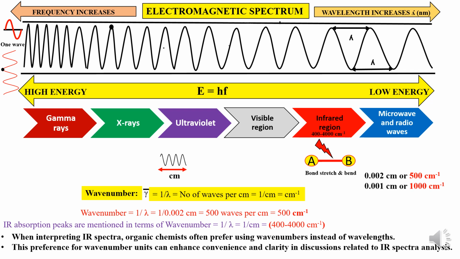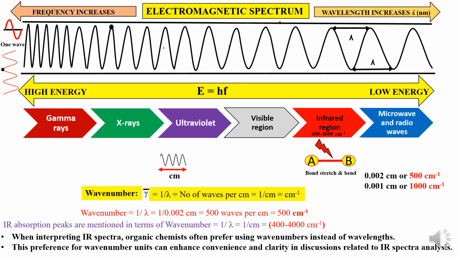So when interpreting IR spectra, organic chemists often prefer using wave numbers instead of wavelengths. This preference for wave number units can enhance the convenience and clarity in discussions related to IR spectral analysis.